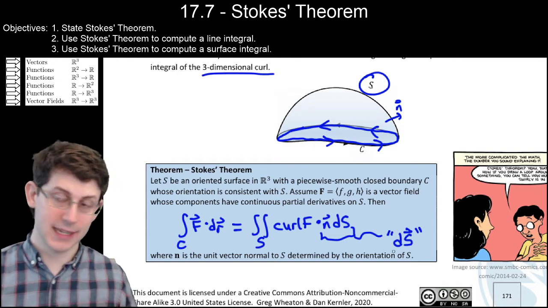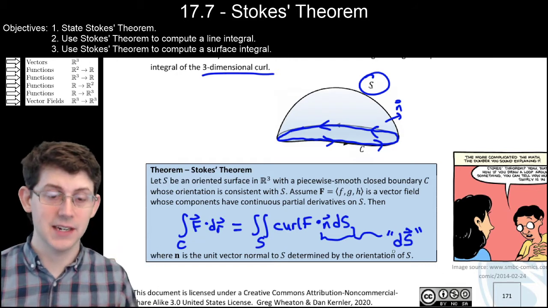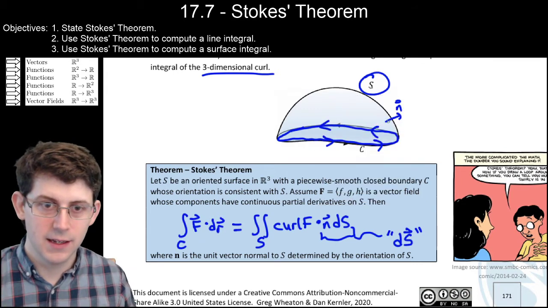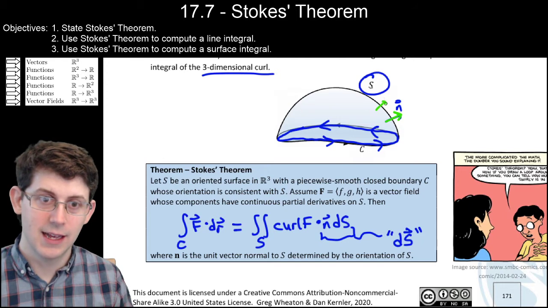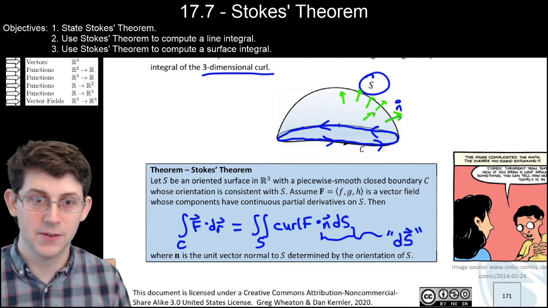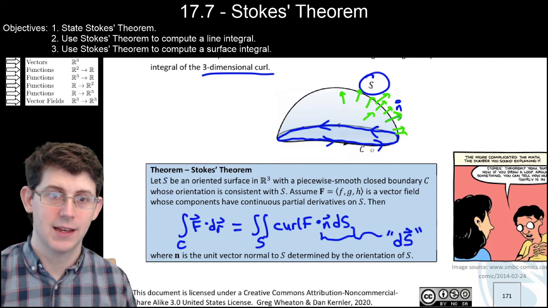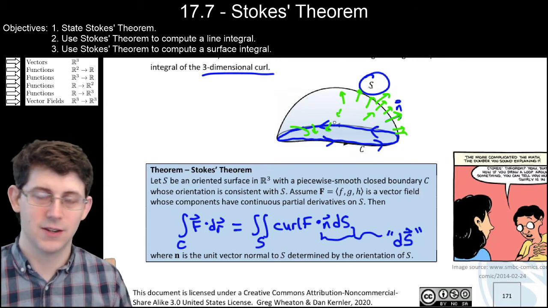Okay, there's some technicalities here, which is that it's a little bit tricky to figure out which way the normal vector should go. You have to pick a consistent set of normal vectors all throughout the surface. So if you pick this way as out, you have to keep picking this way as out the whole time. You could also pick the normal vectors to go in, pointing into the surface.